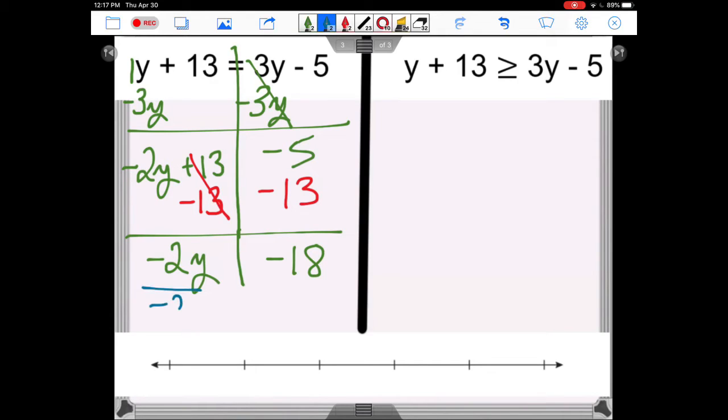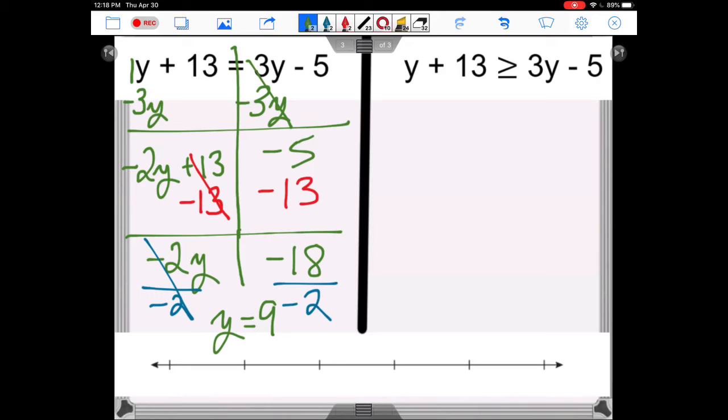The final step then would be to divide by negative 2 from both sides. Negative 2 divided by negative 2 makes 1, so we're left with y equals, and negative 18 divided by negative 2 is going to give us positive 9. So the answer to this solution is positive 9, or in this case, because it's an equation, y equals positive 9.